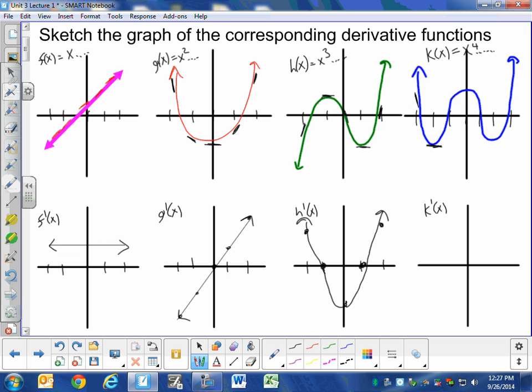Negative, 0, positive, 0, negative, 0, positive. We should all get graphs like that.